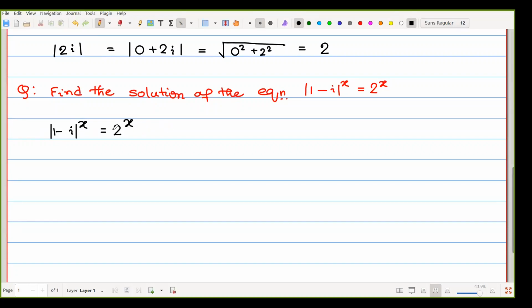Then find the modulus at first. So we can write 1 minus i, that means originally 1 minus 1 into i.